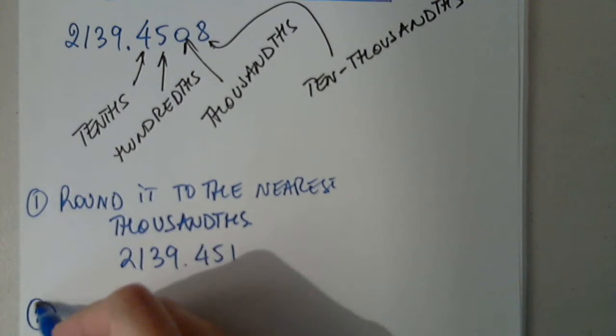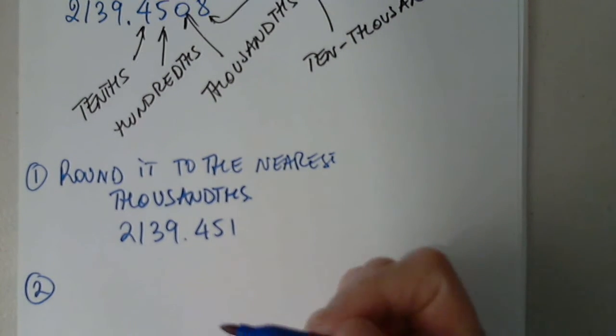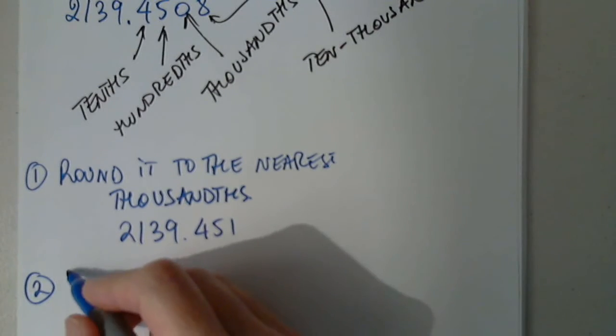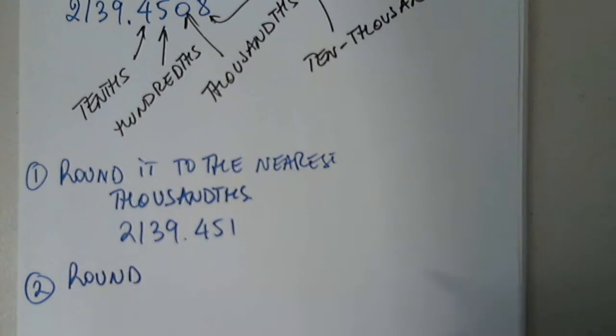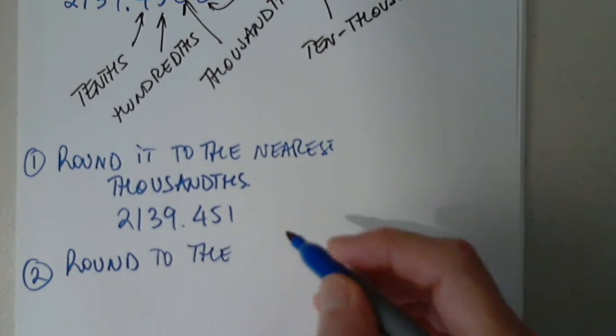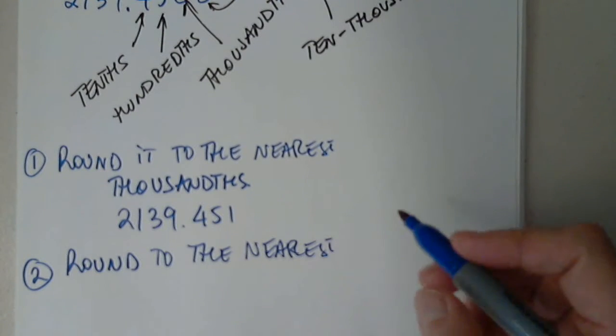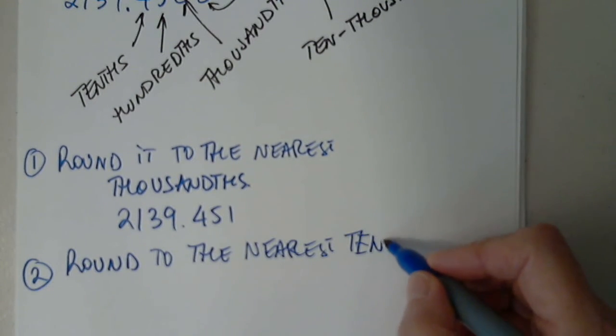And then number 2 option. What if I want to round to the nearest 10th? Stop me if you have questions, please. Sorry, I do have a question.